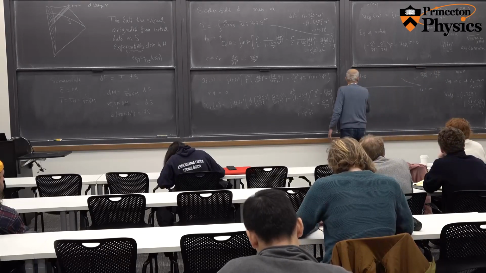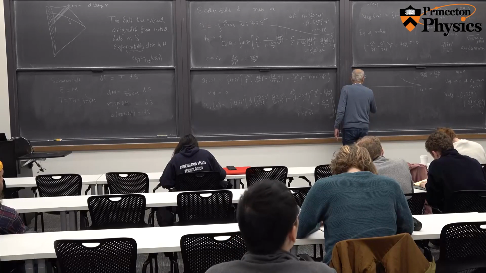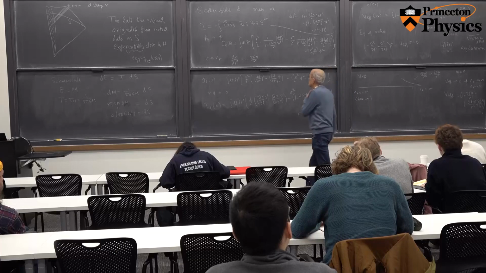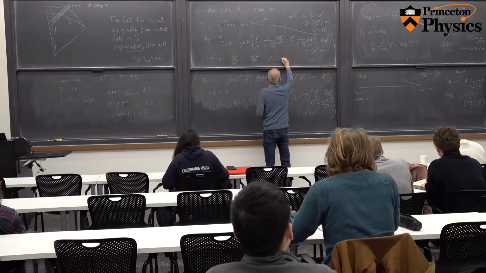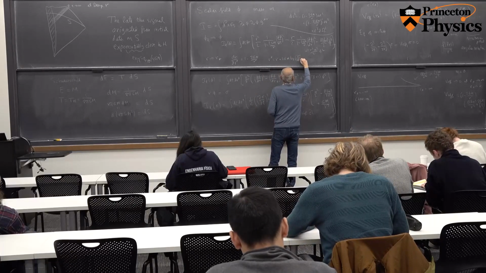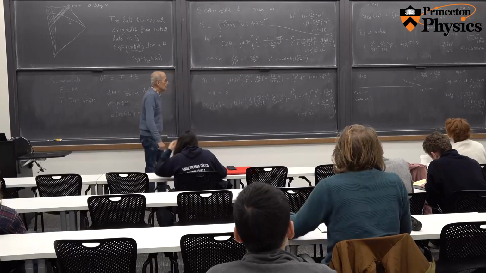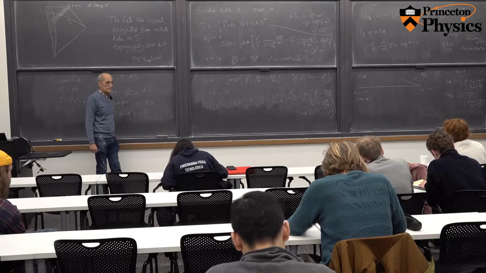Now we could look at r star equals minus infinity. R star equals minus infinity is the horizon. R star was r plus 2gm times the log of r over 2gm minus 1. So something I failed to emphasize is that as r goes to 2gm from above, r star goes to minus infinity.